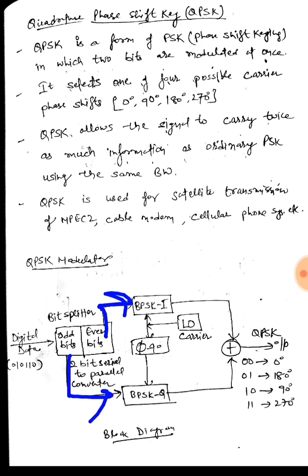So here in BPSK I we have a carrier frequency signal cos omega ct, and in this BPSK we have a phase shifted version of the carrier, that is minus cos omega ct.